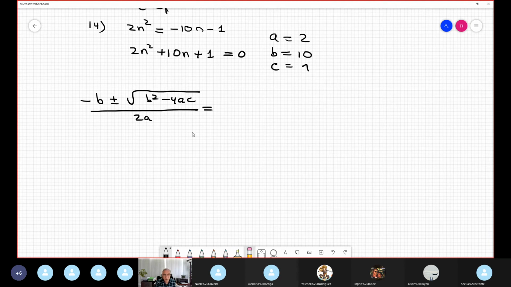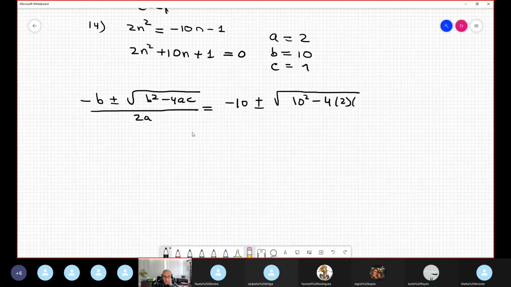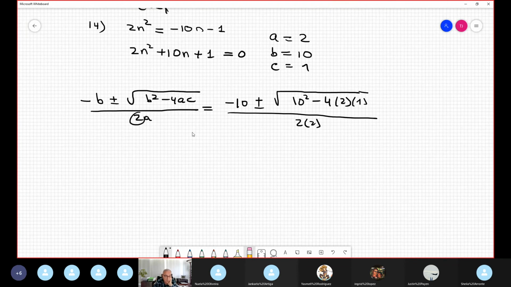Now minus B is minus 10, plus or minus square root 10 squared, which is 100, minus 4 times 2 times 1. Divide the whole thing by 2 times 2, because my formula has a 2, and A is 2. So both are 2, 2 times 2 is 4. I do it that way.